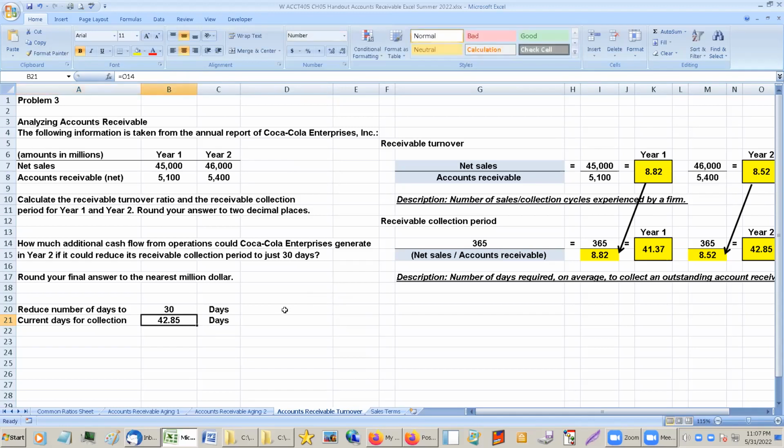So this ratio would be what would be in our accounts receivable.